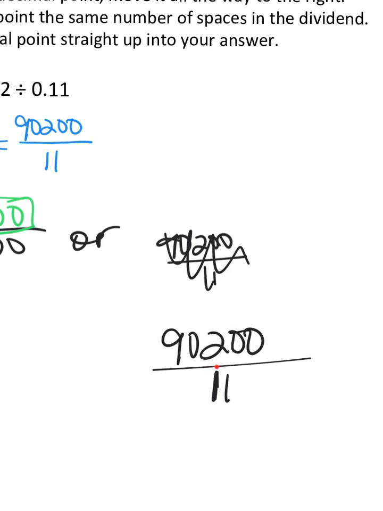So I'm going to say, does 11 go into 9? Well, it doesn't. Does 11 go into 90? It does. And it goes in 8 times, which is 88, which means I have 2 left over. 11 goes into 22 twice with none left over. 11 doesn't go into 0.